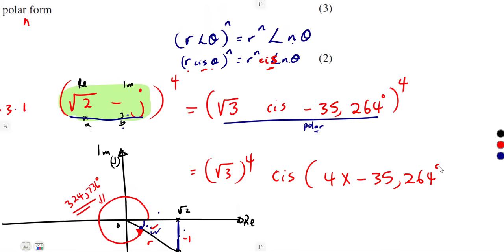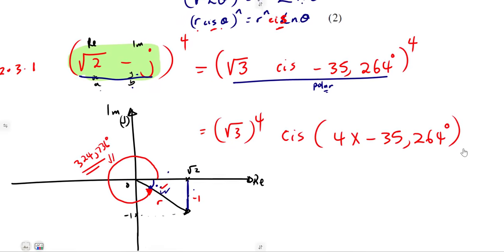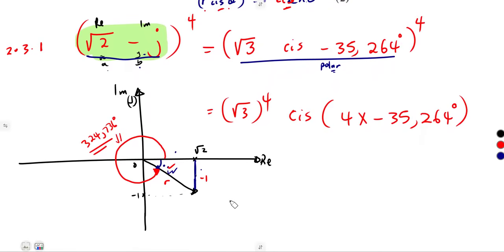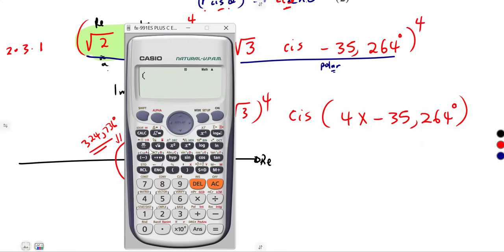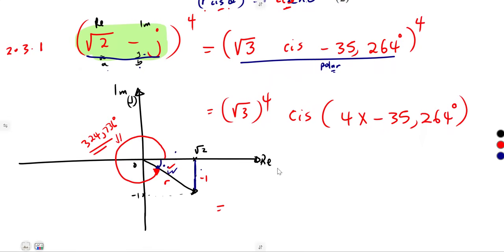Just like that. This is the concept of De Moivre's theorem: the modulus to the exponent, and your argument, you multiply by that exponent. So with this, we can simplify because we understand the square root of 3 when raised to the exponent of 4 is going to give us what? 9. So it is something that can be simplified. So that's 9 cis the angle.